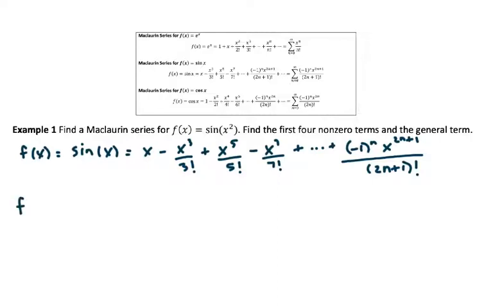So they are asking for us to create f of x, which is sine of x squared. So basically what I'm going to do is I'm going to go through here, and everywhere I see a regular x, I'm going to put a parentheses, but keep everything else the same.